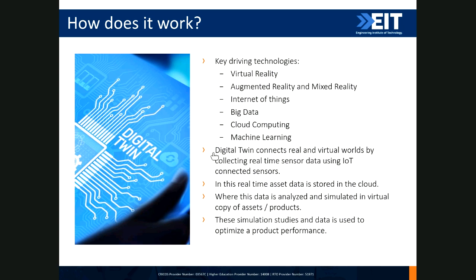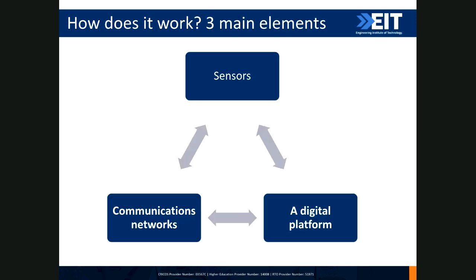It connects real and virtual worlds, and it collects real-time sensor data using IoT connected sensors, which is stored in the cloud and then further analyzed and simulated in a virtual copy of the asset or product. And this simulation study and data is then used to optimize overall product performance. As simple as that.